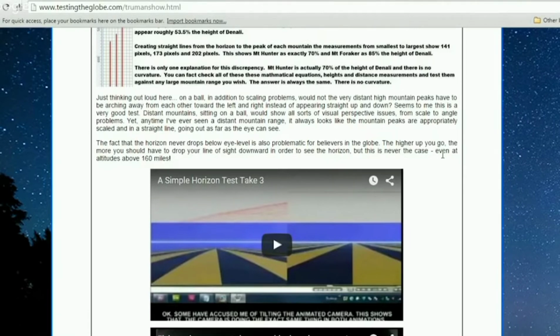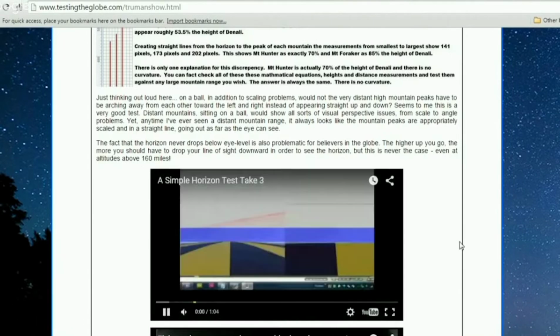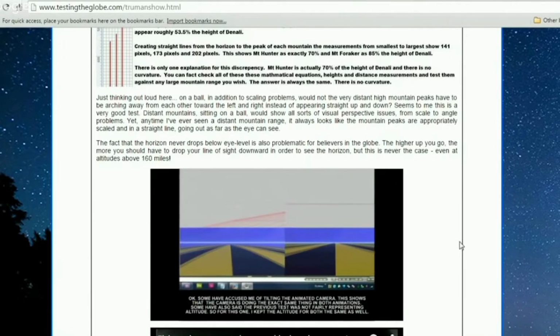The fact that the horizon never drops below eye level is also problematic for believers in the globe. The higher up you go, the more you should have to drop your line of sight downward in order to see the horizon. But this is never the case, even at altitudes above 60 miles.